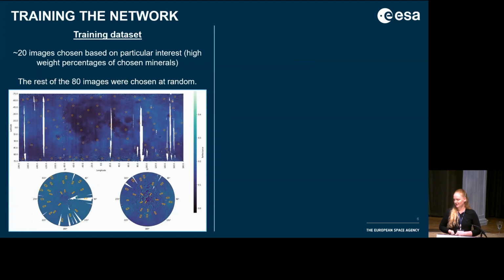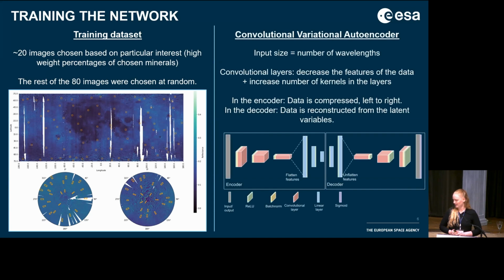So for training the network, we chose 20 images based on particular interest. This means looking at other published mineral maps and choosing the ones with a high weight percentage, because we want to make sure that we're sampling all of the really important stuff in there. And then the rest of the 80 images were chosen at random. A bit more detail about the network here as well.